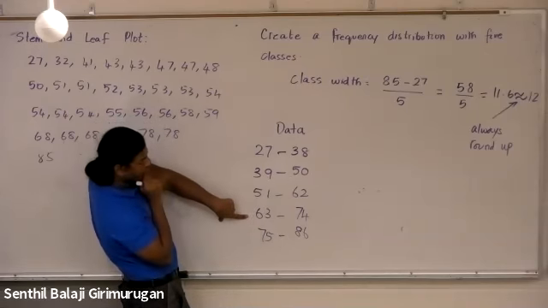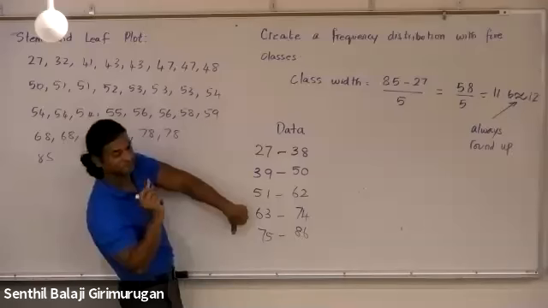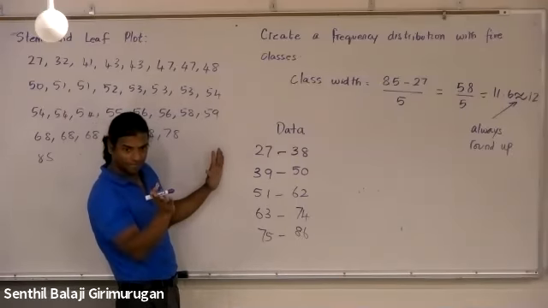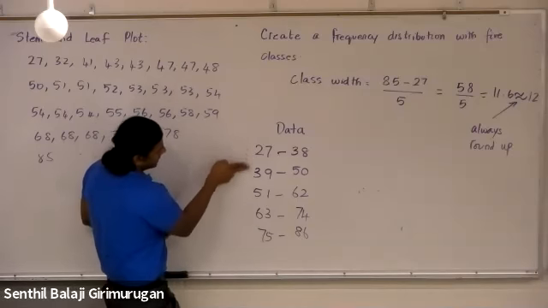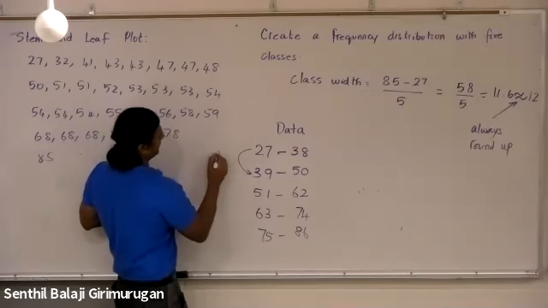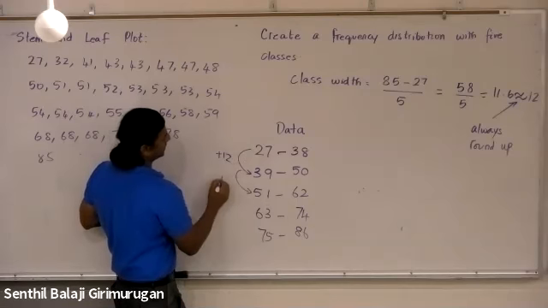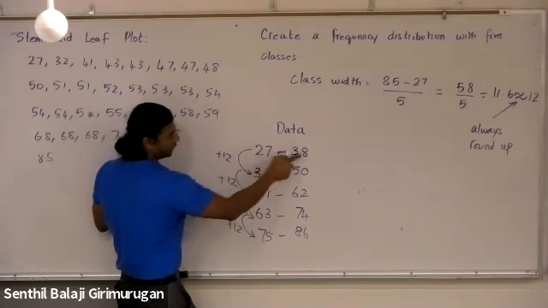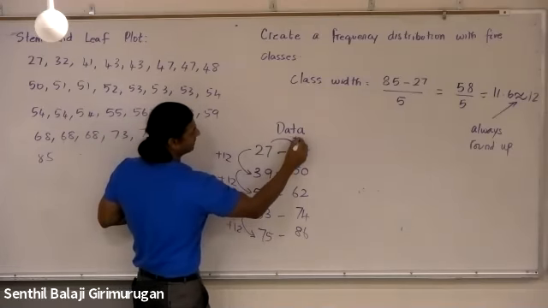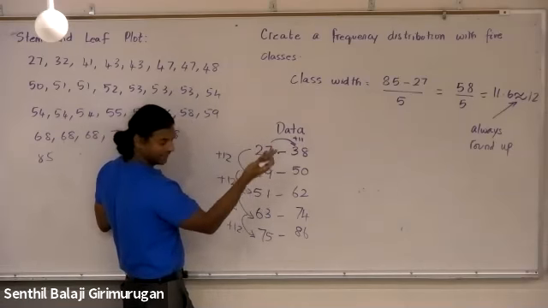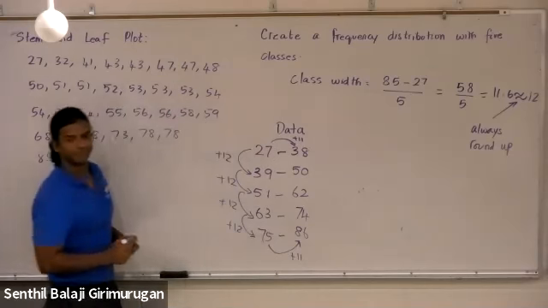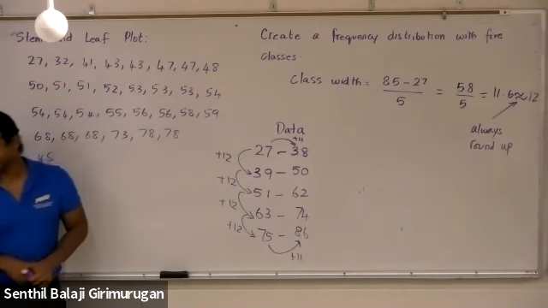Are we clear with this? So adding 12, adding 12, adding 12. And here, 38 minus 27 is 11. So for the last class, we're adding 11. Good.